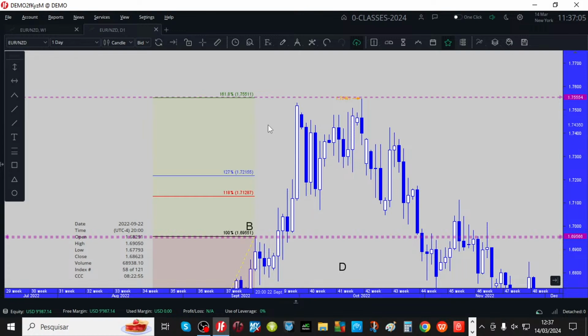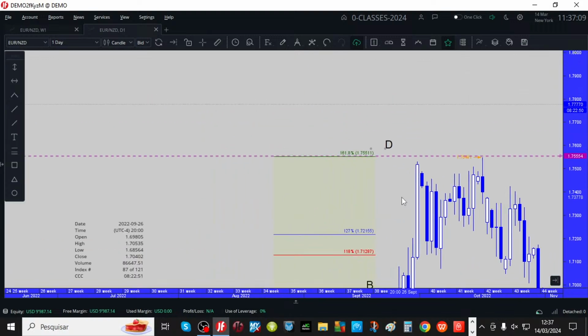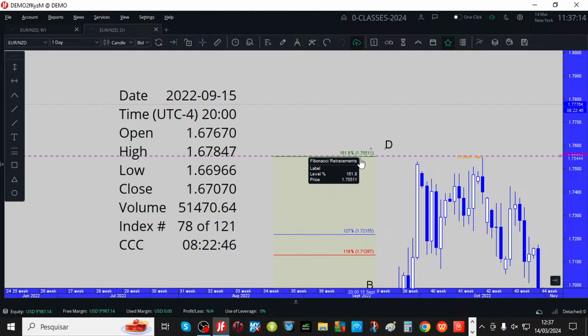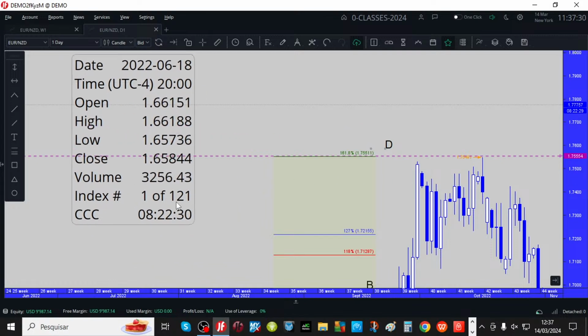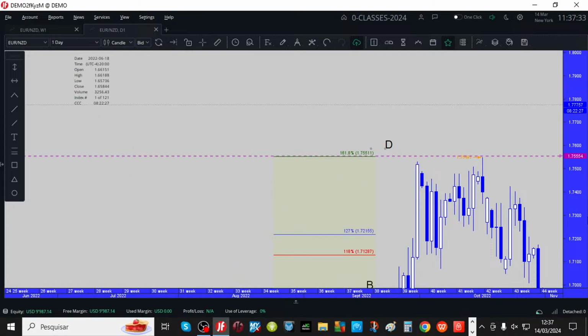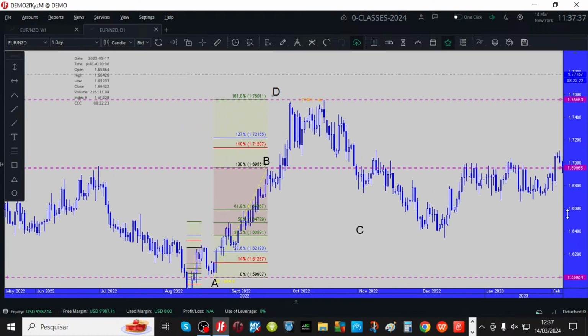So the number of the D extension, everybody, the green number is 1.75511, and this candle is 1.7549, so it's a little bit lower. It's a little bit lower, right? So the market did not hit this D extension. You must be very precise, right?